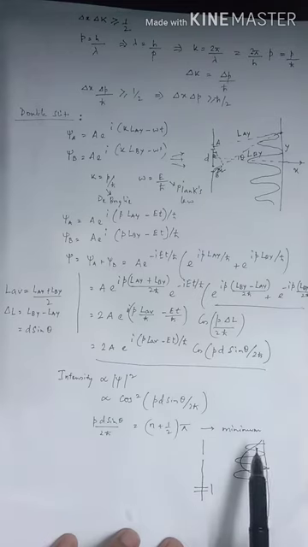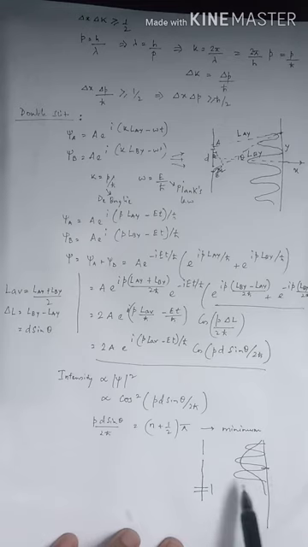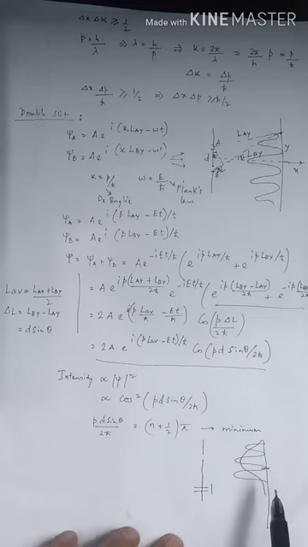Experimentally we get a minima, but if the particle nature is to be considered, what is the reason that the electrons are unable to reach those positions where we get minima?